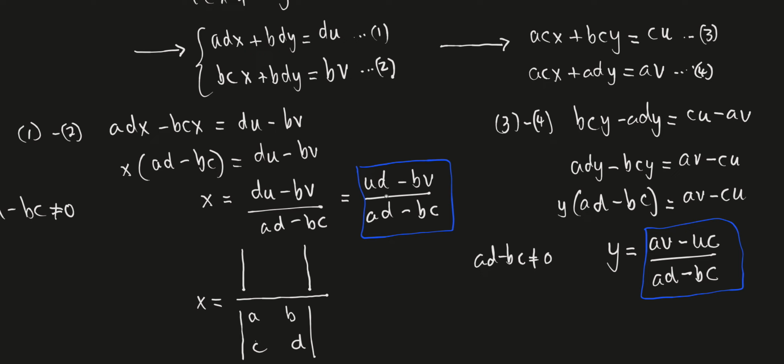Since the D and the B are in the same position here, my second column would be this, and then this would need to be a U, and then this would need to be a V, right? So it looks like we can express our unique value for x in terms of determinants, right?